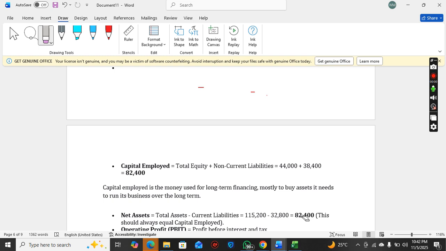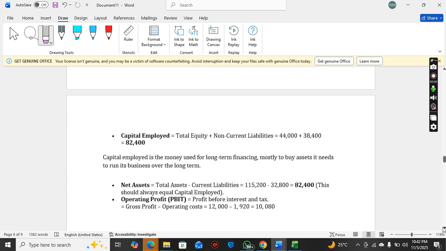Okay, so that's just a point I need you to remember. You can calculate the capital employed as total equity plus non-current liabilities, or total assets minus current liabilities. Both figures are going to give you your capital employed. Any questions before we move further?